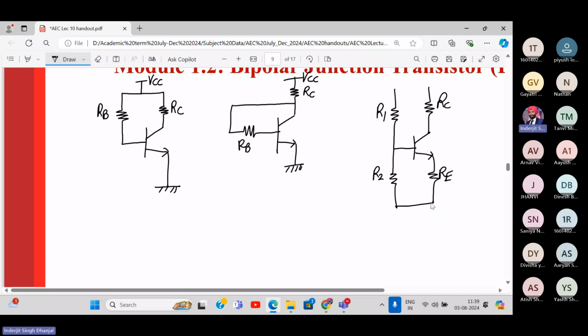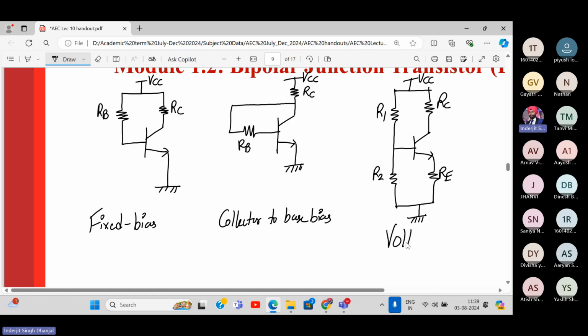This is ground and this will be VCC. So this one is called fixed bias. This is called collector to base bias. And this is called voltage divider bias, the one which we use for amplifiers.